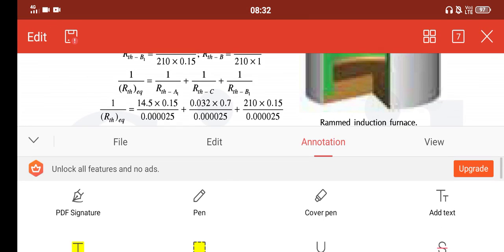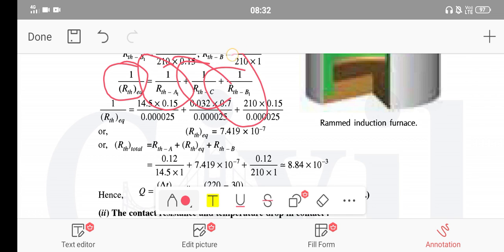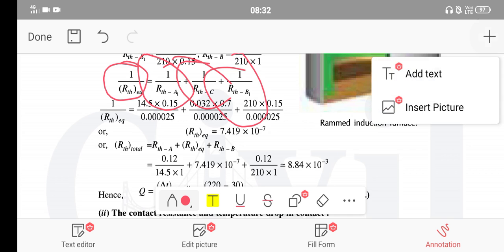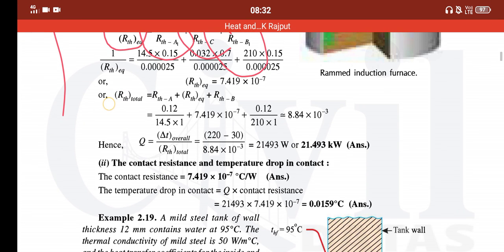So this is 1 upon R thermal equivalent equal to 1 upon R thermal A1 plus 1 upon R thermal C plus 1 upon R thermal B. In this way I have found the answer.